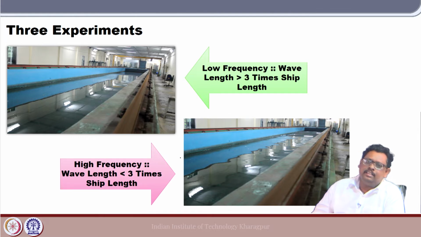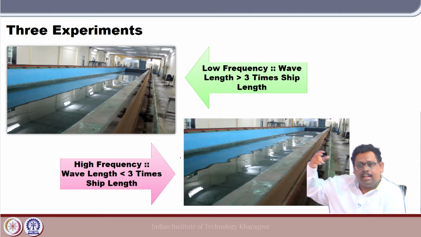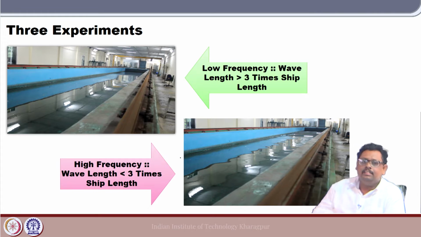I consider 3 different types of waves. One is when the wavelength is 3 times the ship length, which we can consider a low frequency region, because lambda is 3 times larger than the ship length.